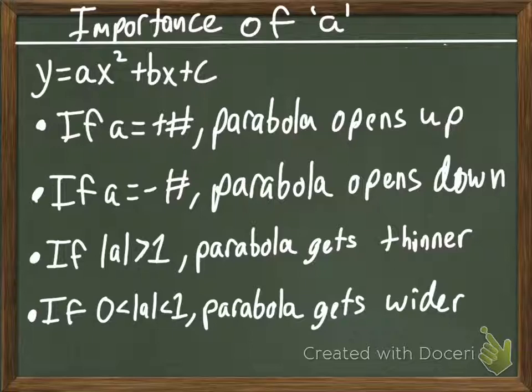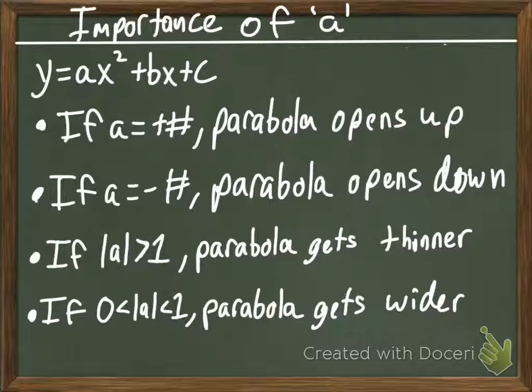So, back to the importance of that a term that we talked about in the first video. We have our y equals ax squared plus bx plus c, which is our quadratic function. And we saw that if a was a positive number, you saw that our parabola opens up. And if a is a negative number, then the parabola opens down.